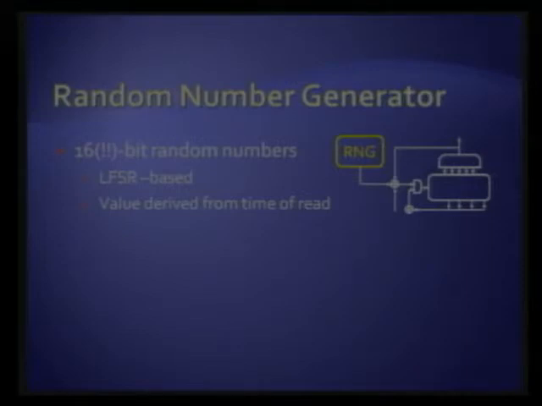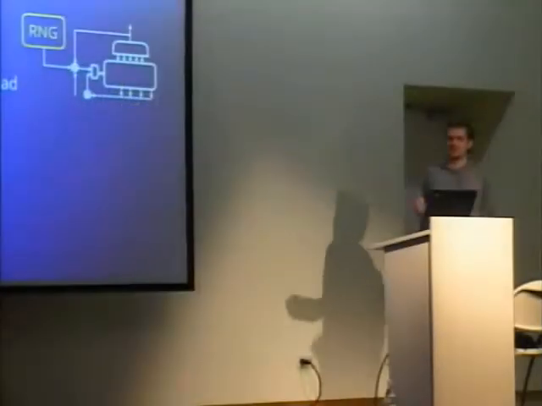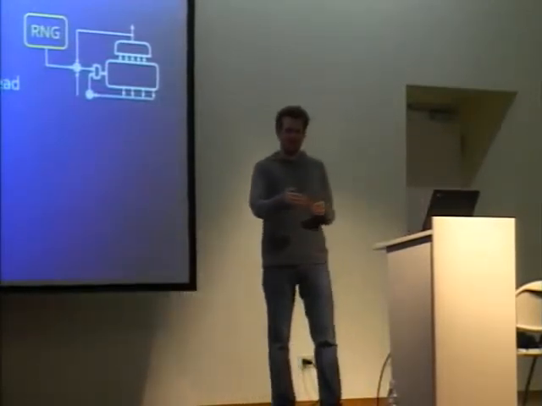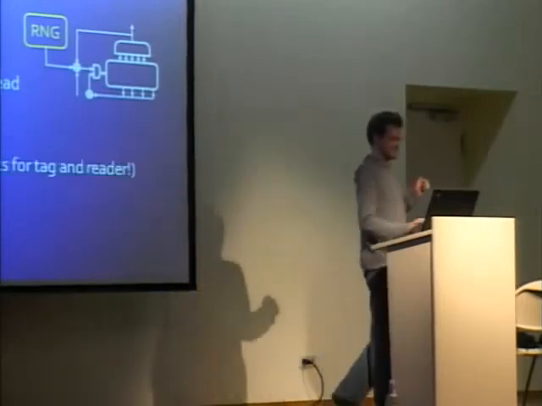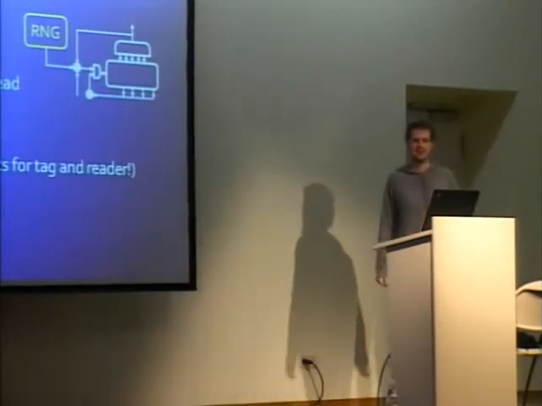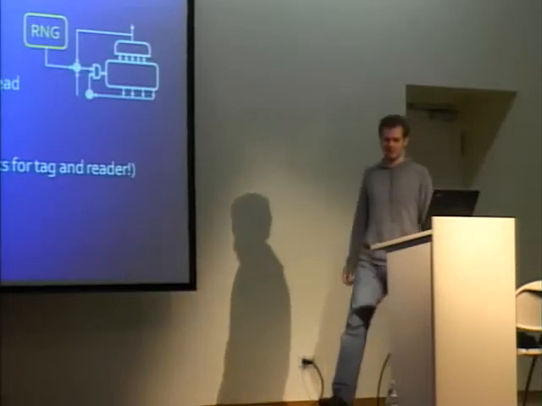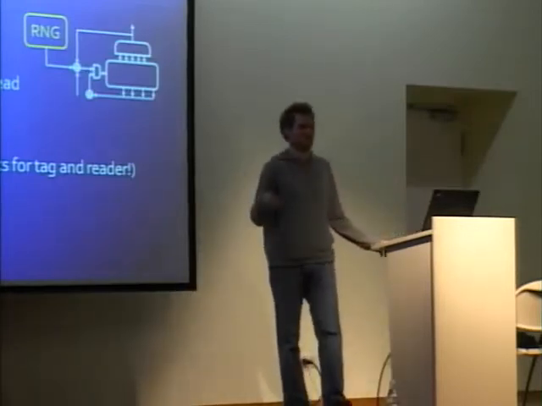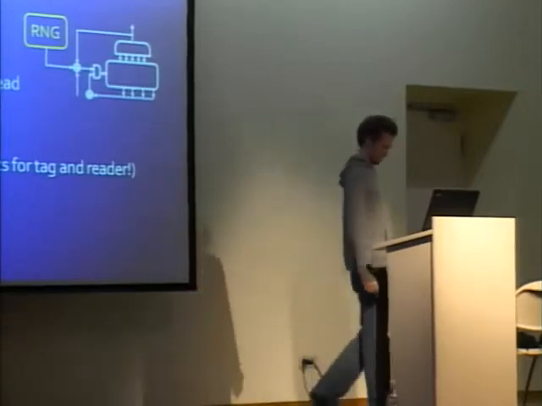If that's not weak enough yet, the value of the random number that is generated depends only on the time between powering up the tag and challenging it. And from what I said earlier, we have complete control over the timing. So we were able to make the tag generate the same random number again and again in every transaction.